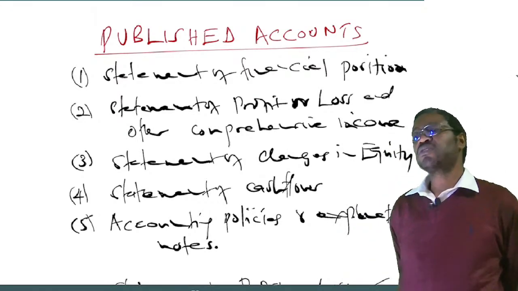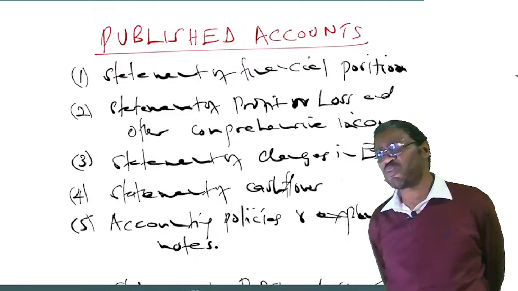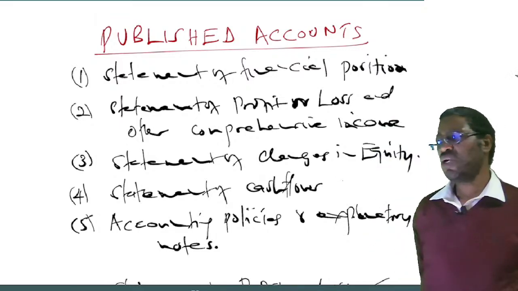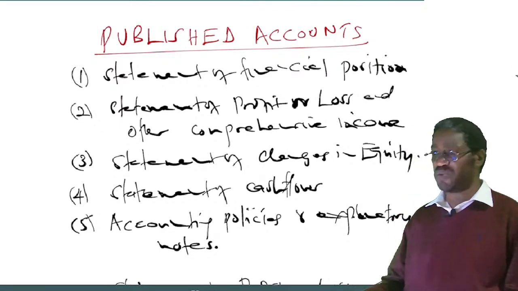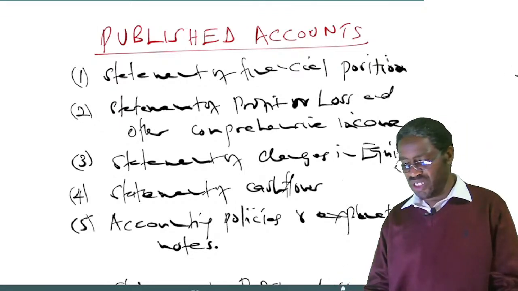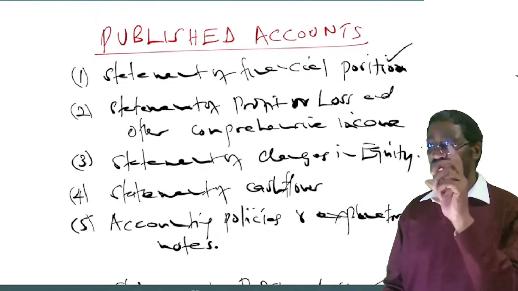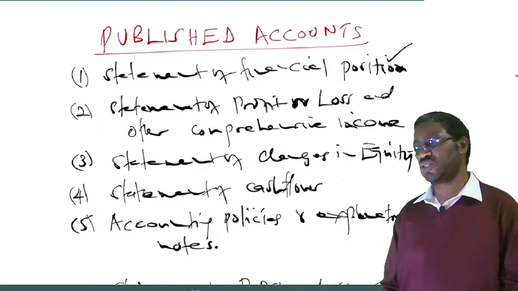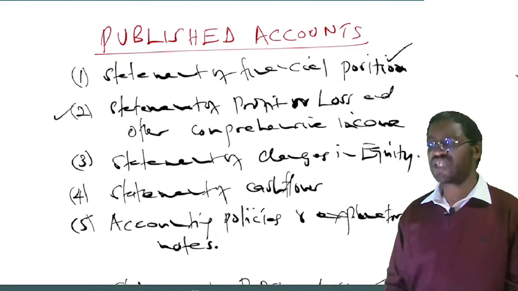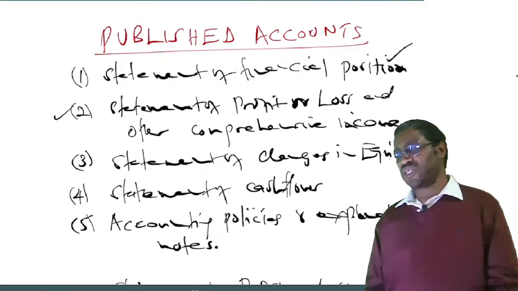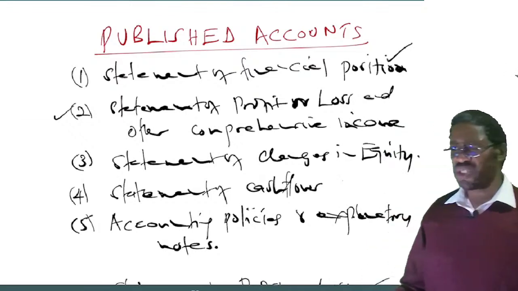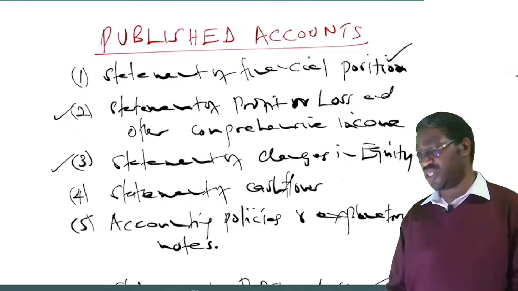We said whenever a company is required to prepare published accounts, what should they include in the complete set of financial statements? One, a statement of financial position. Two, a statement of profit or loss and other comprehensive income. Number three, a statement of changes in equity.